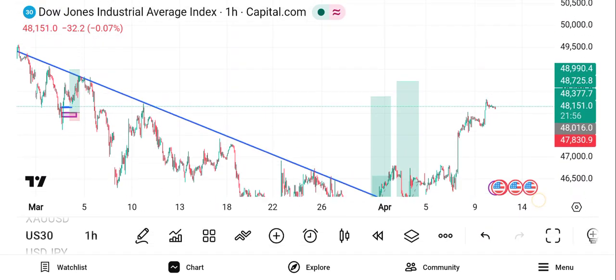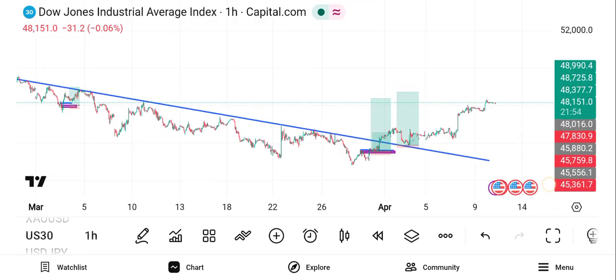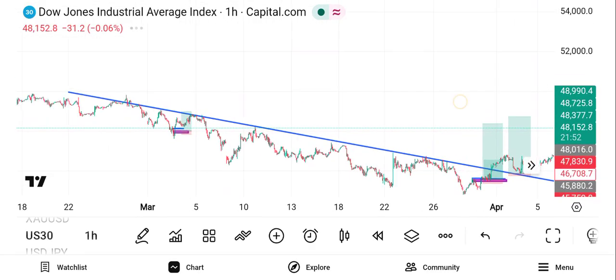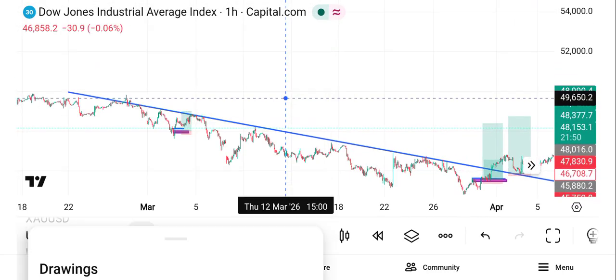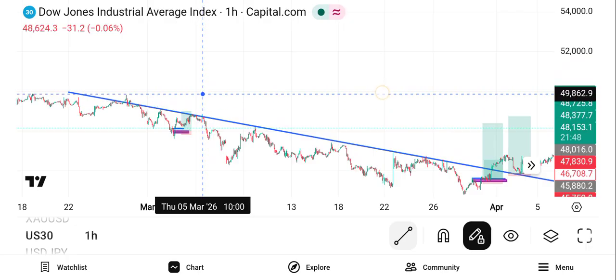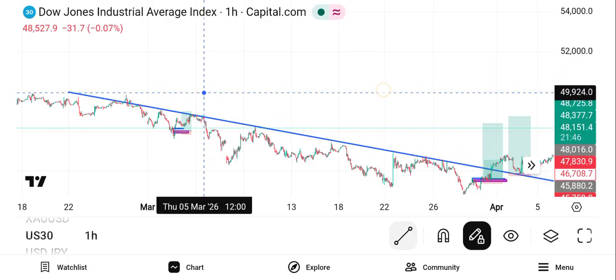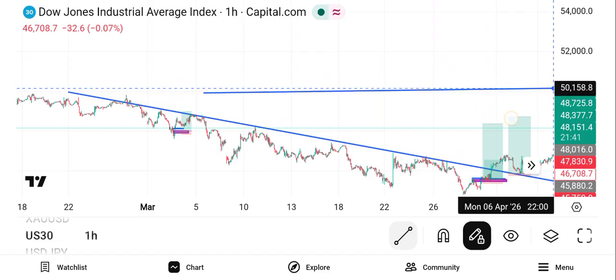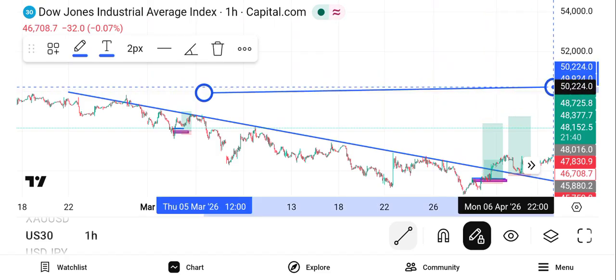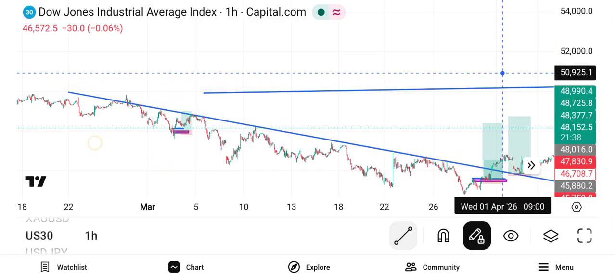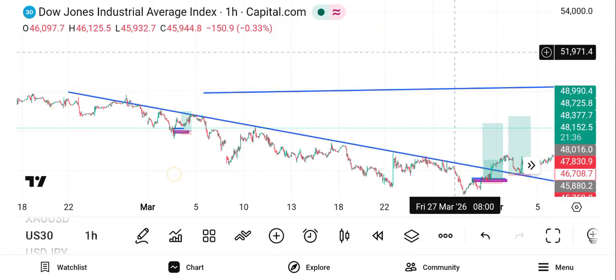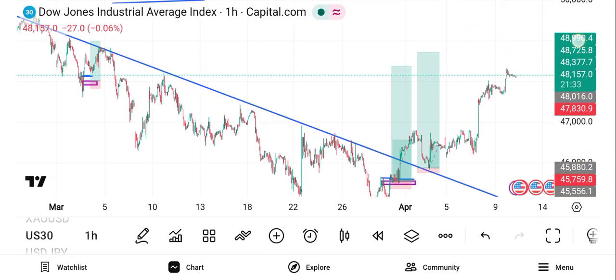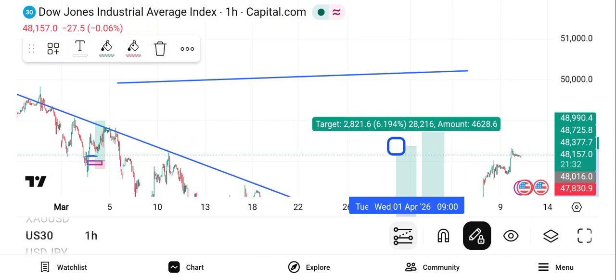You can target clearing out this trend line liquidity somewhere here. So you continue to buy until the market clears that trend line liquidity.